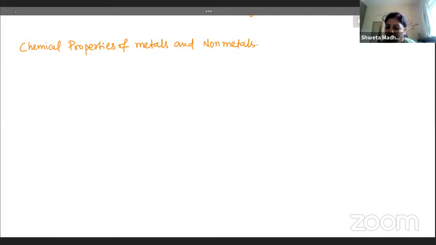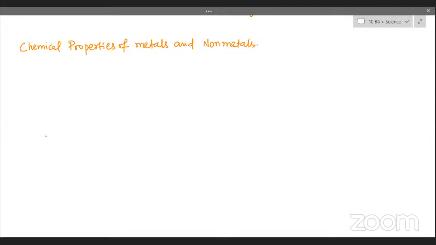That is, generally metals have a particular electronic configuration. If you check the electronic configuration of metals, what will you observe? First tell me examples of well-known metals. Sodium, calcium, magnesium, aluminum.